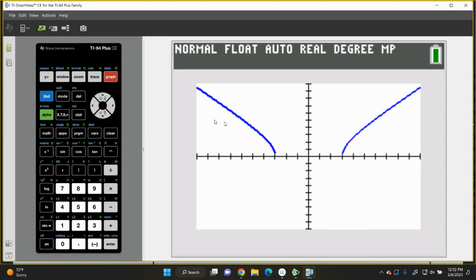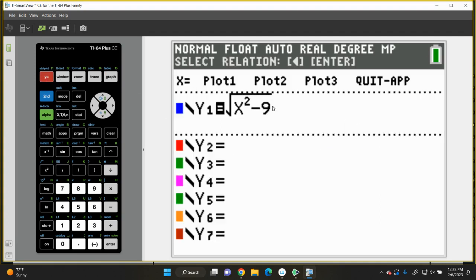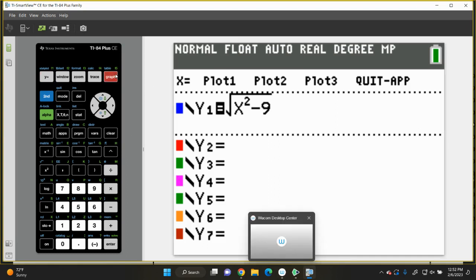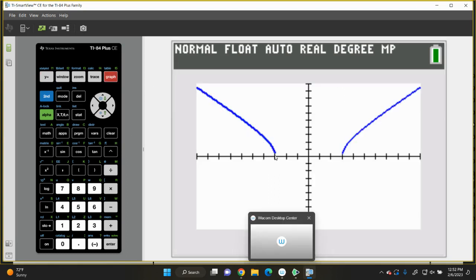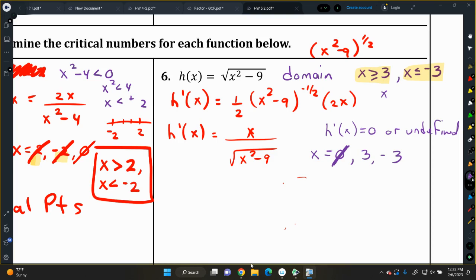If I put in 2.999, I get the square root of a negative number, which is not going to work. Okay, so that graph does make sense. So looking at that graph, I can clearly see that I have an absolute minimum in that graph. So my critical points make sense. I do have critical points.